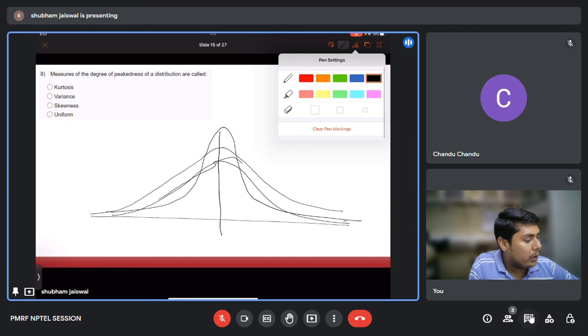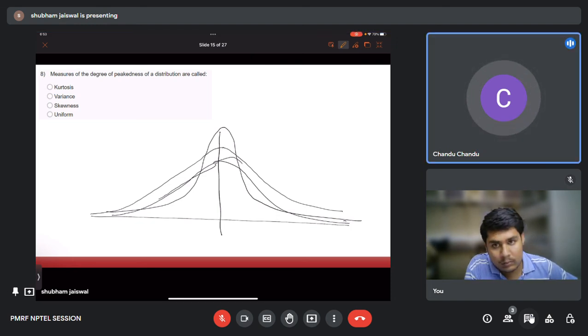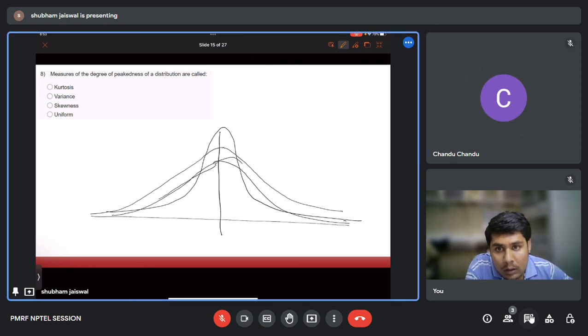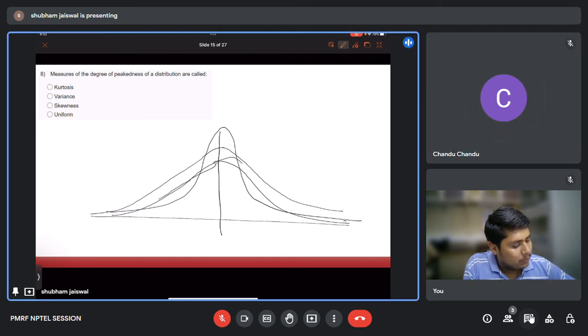This diagram I have already drawn in question number 4, so take the reference of that question and try to solve this one. First option, kurtosis.